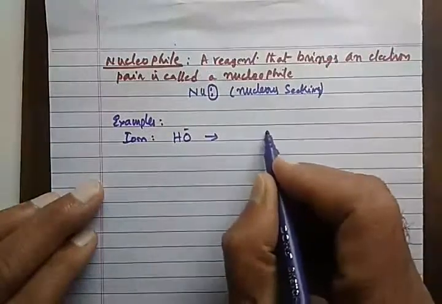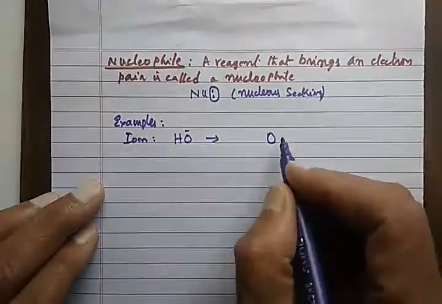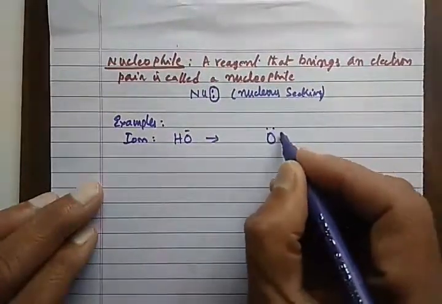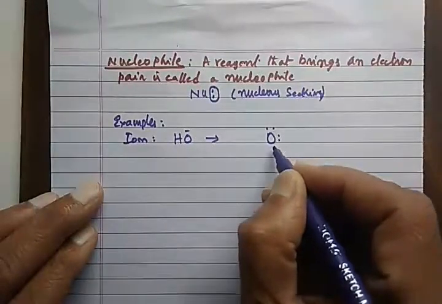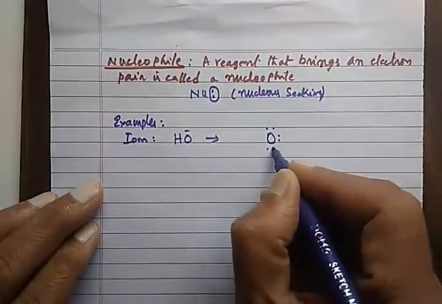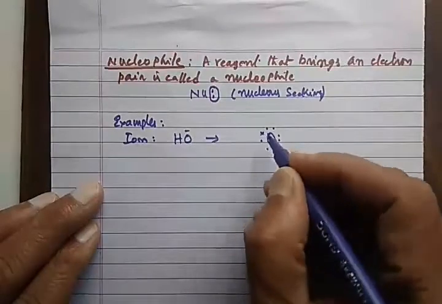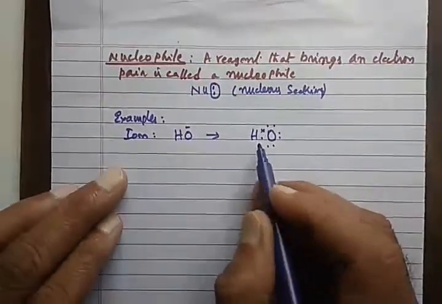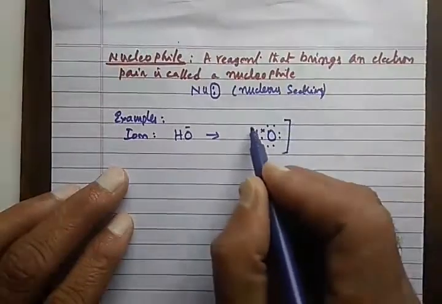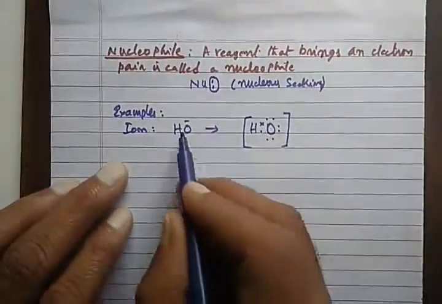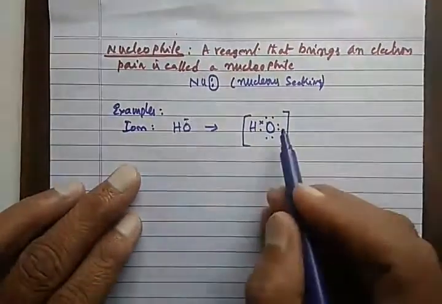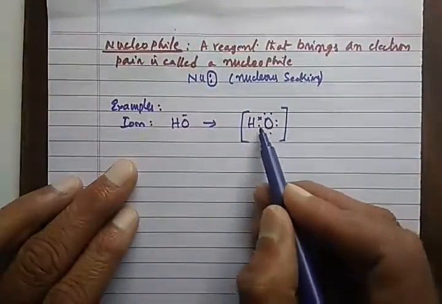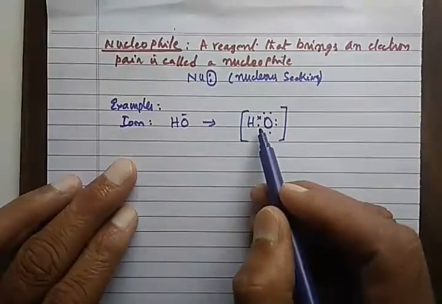So let me write the detailed diagram of it. Oxygen with electrons 1, 2, 3, 4, 5, 6. We will take one more electron also, and H. So this is the hydroxyl ion. The negative charge on this means one electron is extra. Instead of 6, it has 7 electrons.